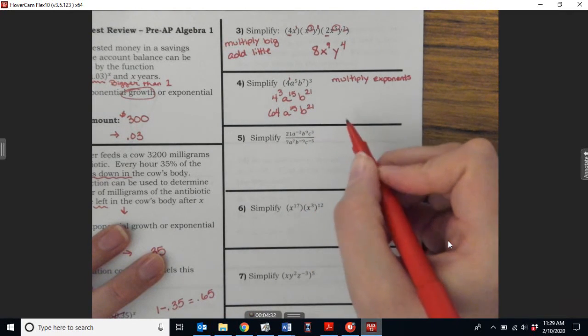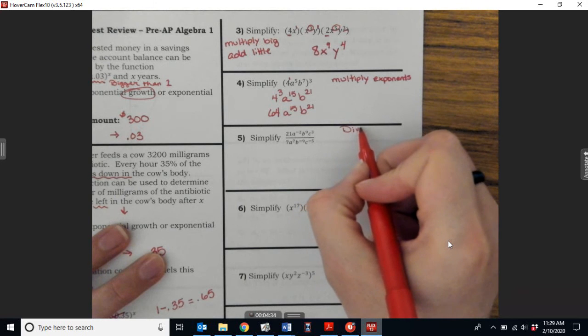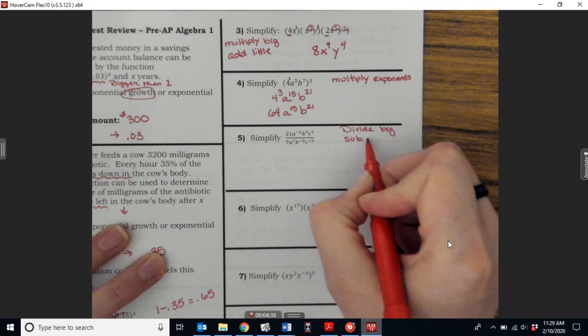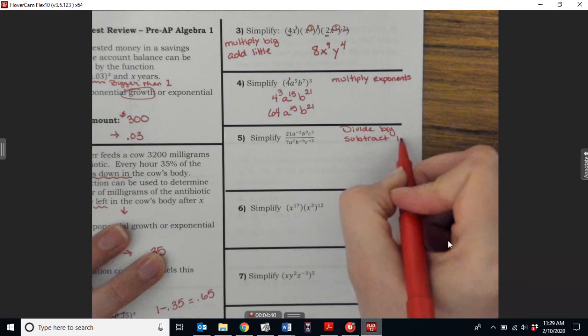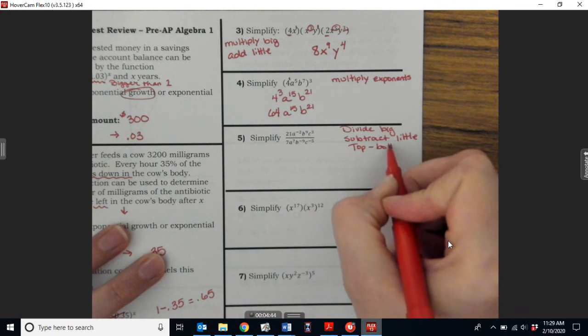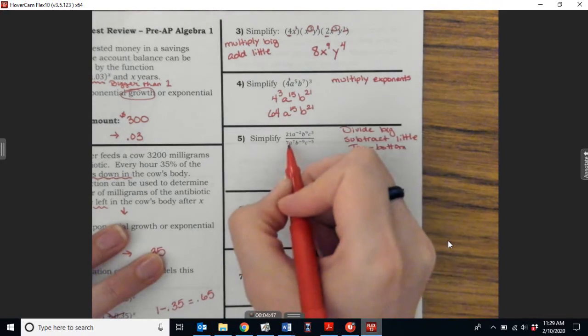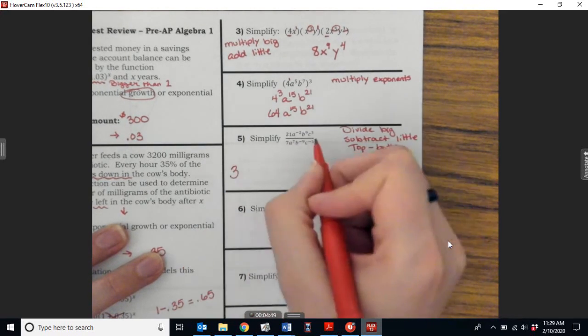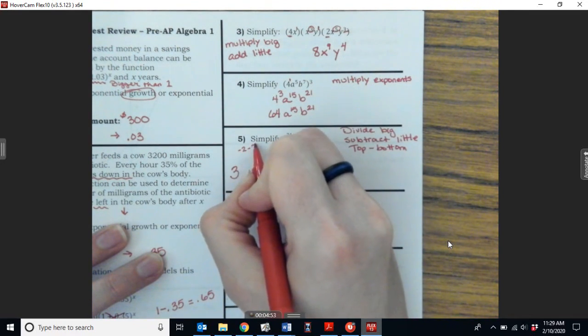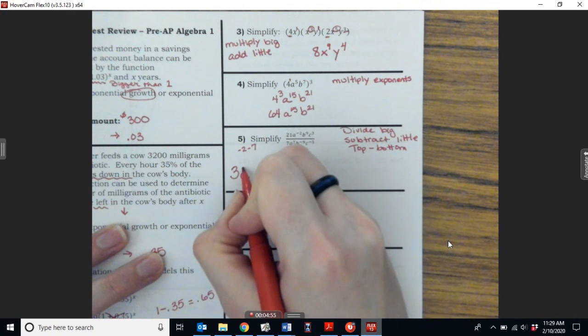All right, number 5, we divide the big numbers and we subtract the little numbers. And we always do top minus bottom. So if I divide, I get 3. And then if I subtract, I have negative 2 minus 7, which gives me a to the negative 9th.